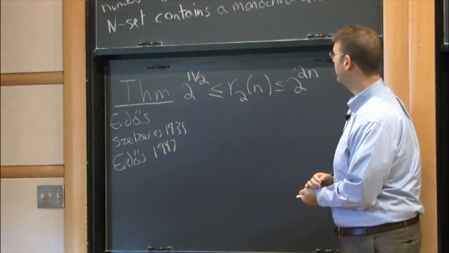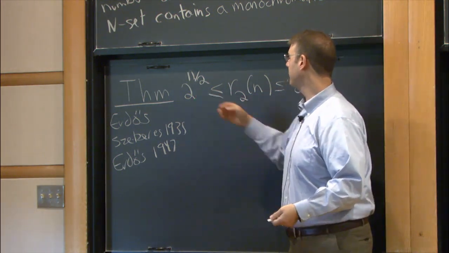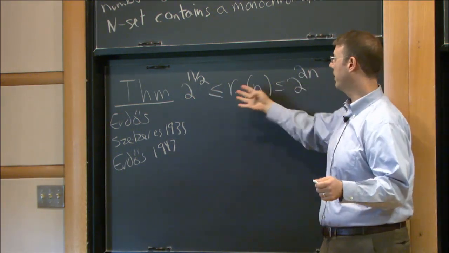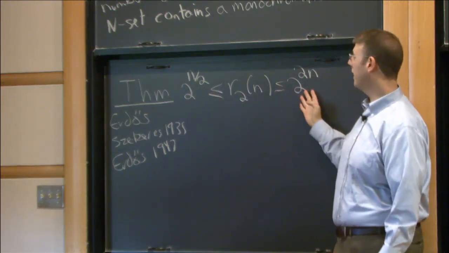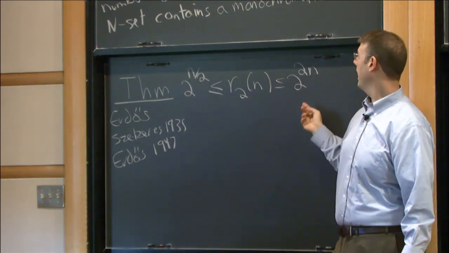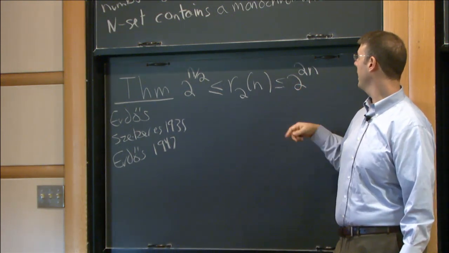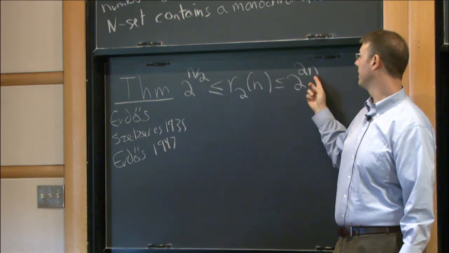And despite a lot of attention, these exponential constants have remained the same. So there's been a little bit of progress on both the upper bound and lower bound. The most substantial progress has been in the upper bound, where there's this nice proof of David Conlon that improves on the upper bound by a factor which is better than polynomial in n.